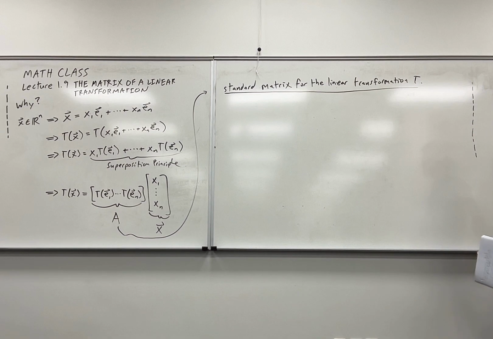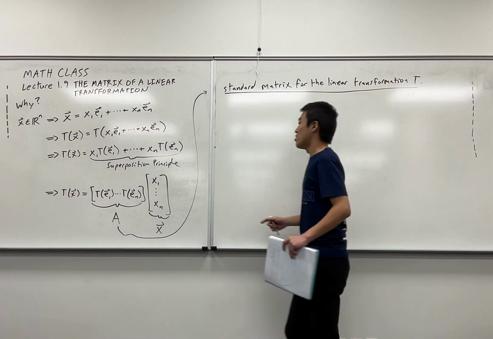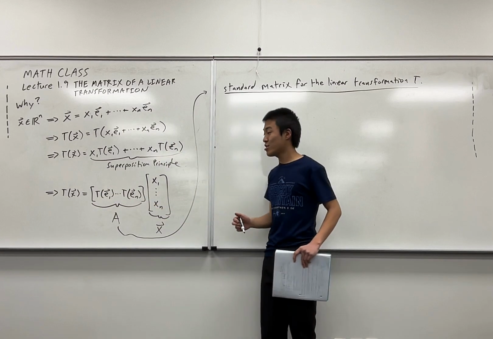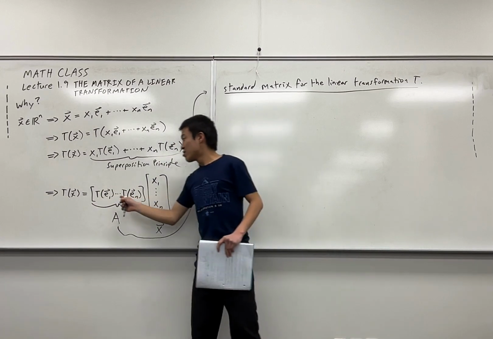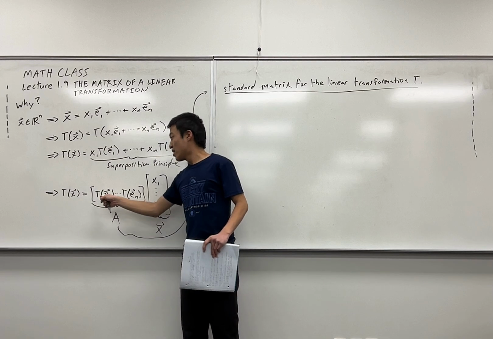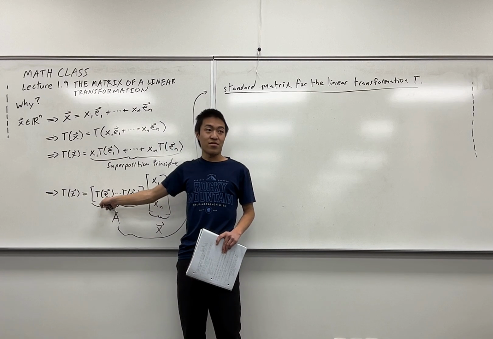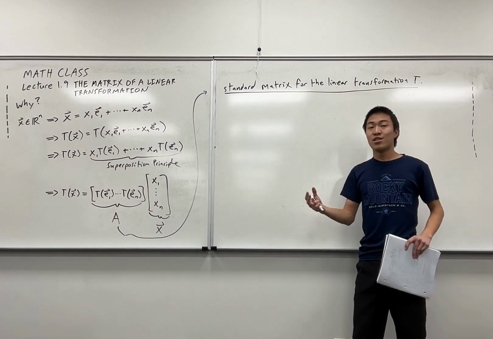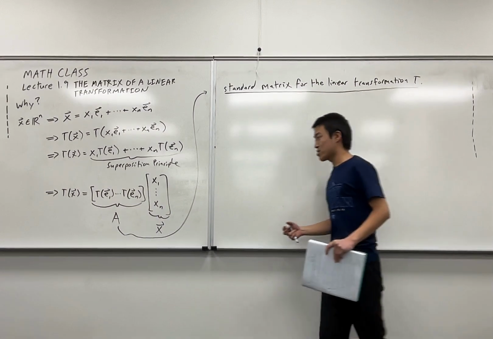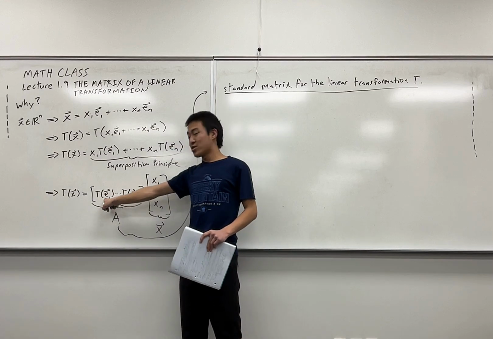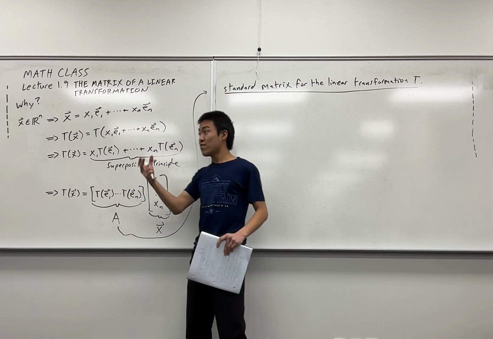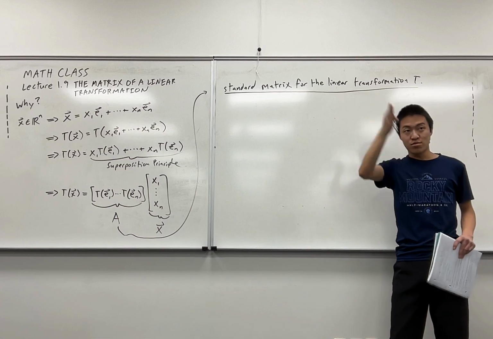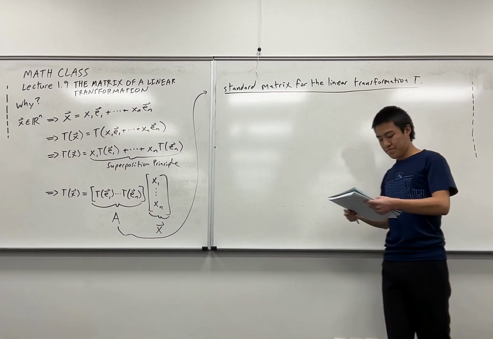So if you're asked about standard matrices, what are they talking about? Well, they're talking about a matrix where every single one of the columns is essentially found by transforming those really, really easy e vectors. So if you have a specific transformation and you want to build its standard matrix, just take the really easy versions of those vectors, and those are the only vectors you really need to compute to generate what that matrix is supposed to be, because each one of those is in itself a column.